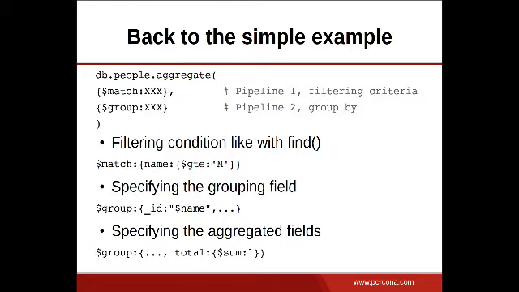And then you have the details. With $match, we specify the filtering condition, and with the $group operator, we specify the field with which we want to group, and also if we want to do sum and average, things like that.